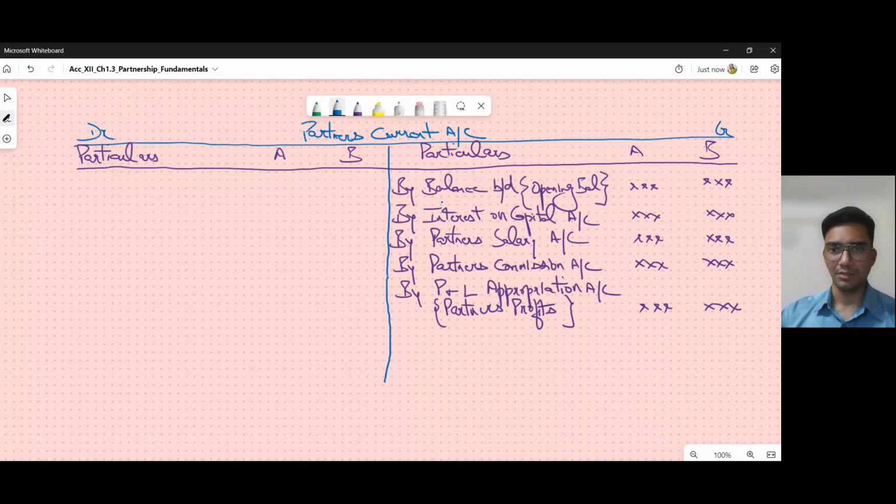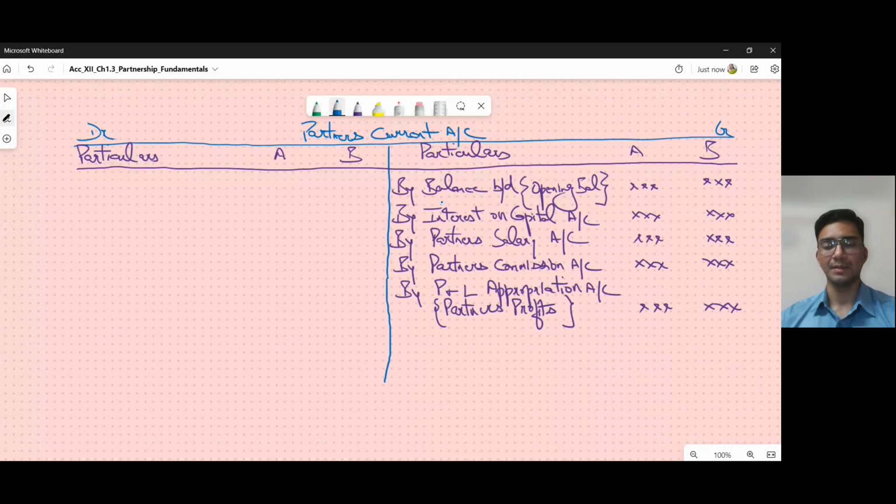Now, if I look at this, you'll see all these items written on the credit side in this partners' current account are increasing the capital of the partners. You see the first entry, which is given as their current account balance. So partners have a balance at the beginning. To that balance, we are also giving them interest on the capital. That is why we have written the second entry. The third entry is showing partners' salary, and each of them is shown to be given a salary.